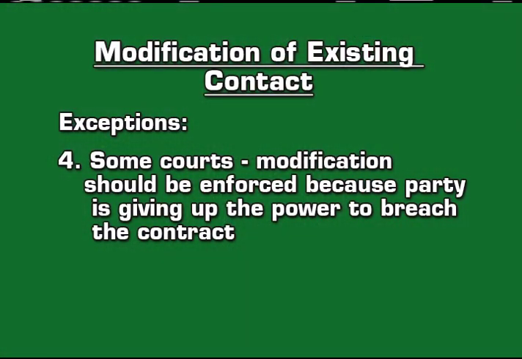Some courts will find a modification should be enforced because a party always has the ability to breach the contract, and the giving up of the power to breach the contract is, in fact, the consideration to support the modification. So those are some key exceptions.